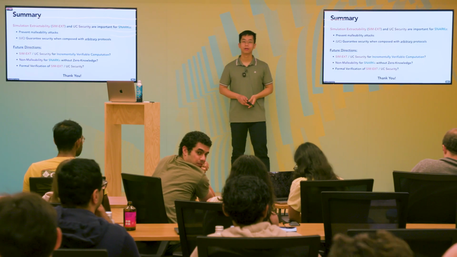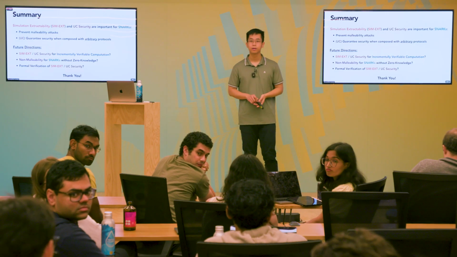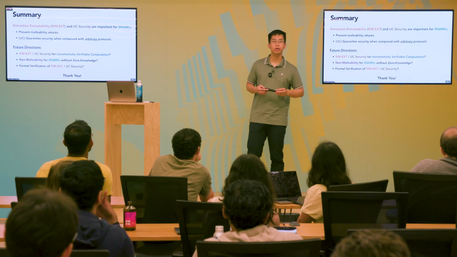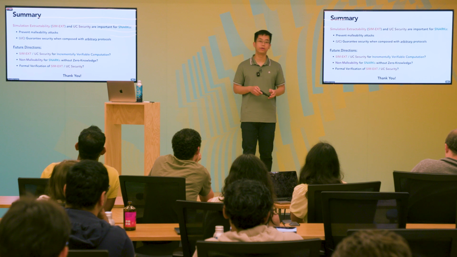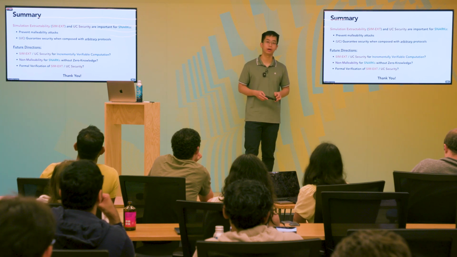Do you have a sense of whether it's hopeless or not to have UC security if you only have rewinding extraction? Are there examples where you have a SNARK with extraction through rewinding, but someone else later showed it was UC secure, separately? I don't know of any UC result where extraction is rewinding.